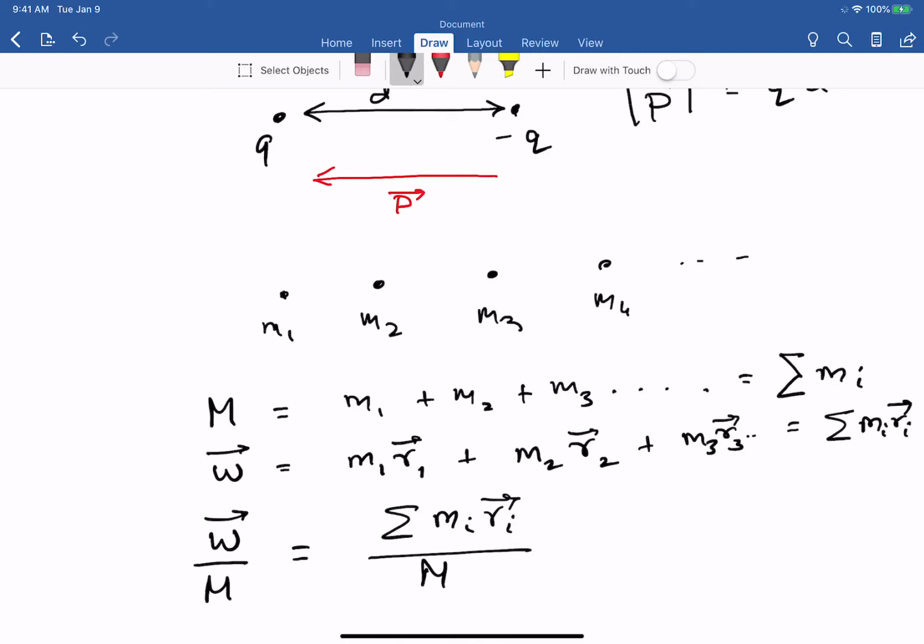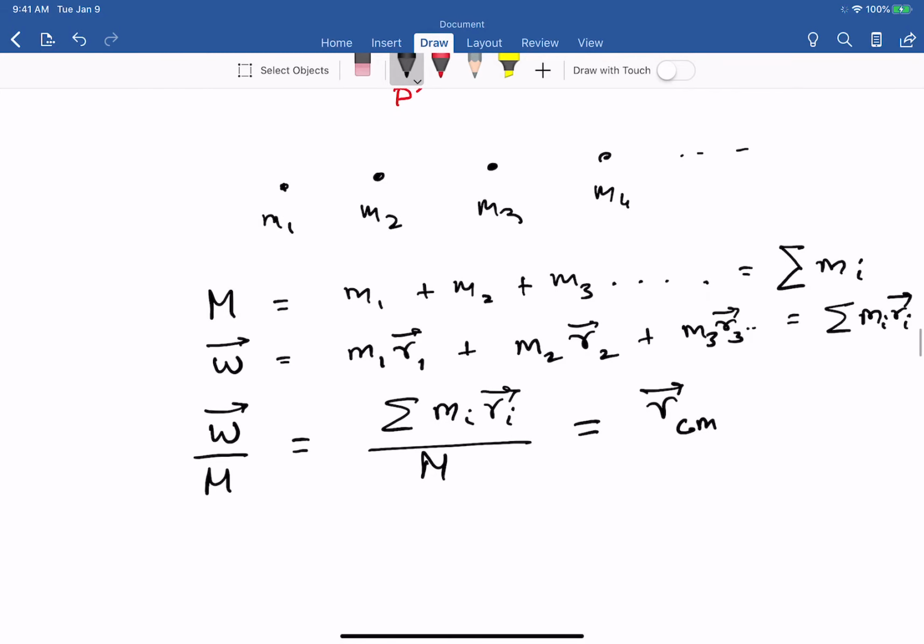It is simply the definition of the center of mass. That is how the center of mass was defined in mechanics. You take all the masses, multiply them by their position vectors, and then divide by the total mass, and you get the position of the center of mass.